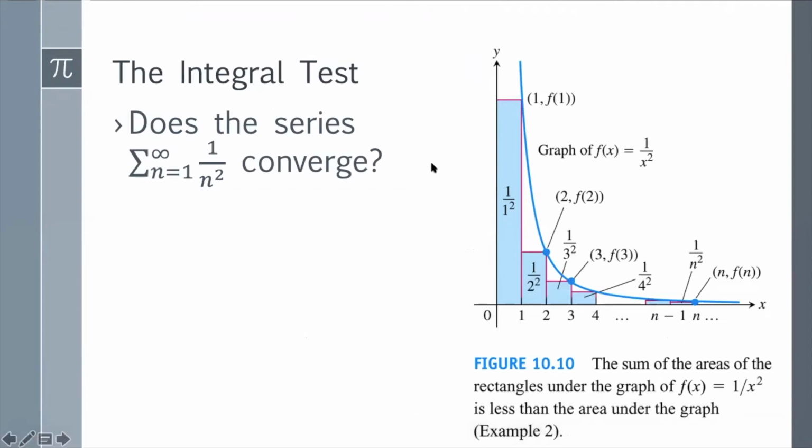Okay, so the value of this series is represented by the sum of the areas of all these rectangles, including the first one. And what we're saying is that that is less than the area of the first rectangle plus, let me see if I can bring up my pen here, plus the area under this curve.